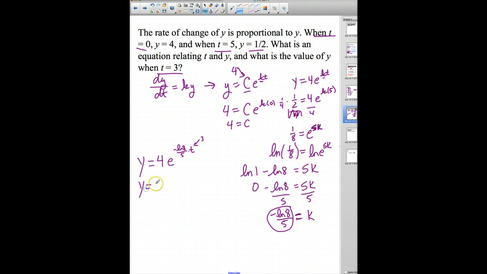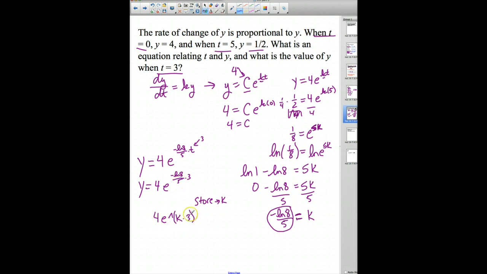And so we can calculate that with our calculator. Y equals 4 times e to the negative natural log of 8 over 5 times 3. Now when you're using a graphing calculator and you want to get that decimal value, remember to store it as something like letter K. Ooh, that would be convenient. Store it in letter K, and then every time you want to use it, you can just type in 4e to the, and then the letter K times 3.